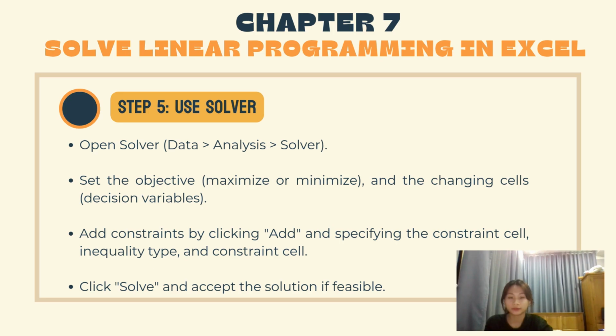Firstly, I have to open Solver under Data, Analysis, Solver, and then set the objective cell whether to maximize or minimize, and the changing cells as the decision variables. After that, add constraints by clicking Add and specifying the constraint cell and inequality type. Click Solve and accept the solution if feasible.